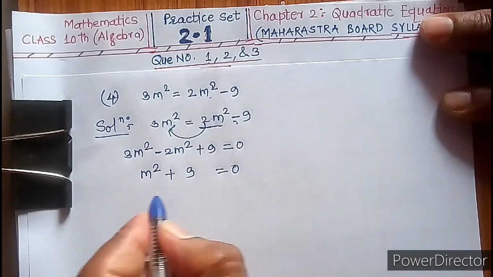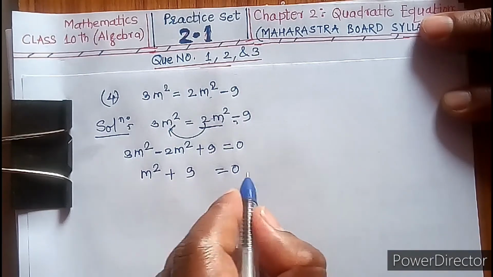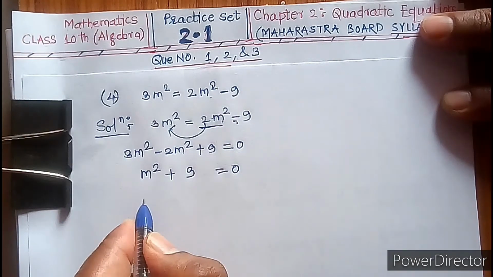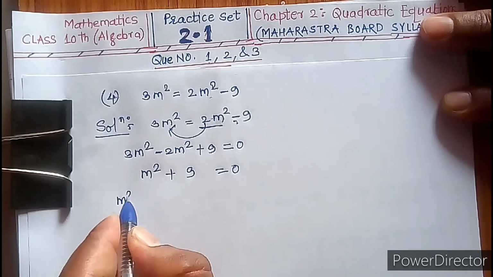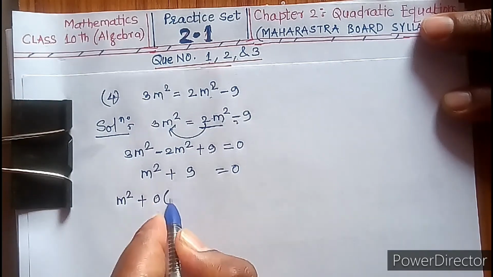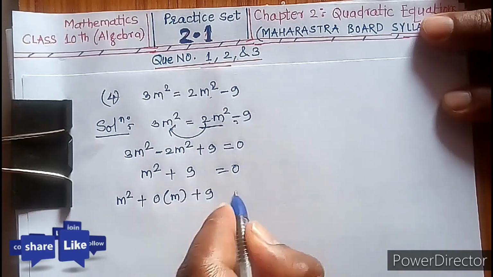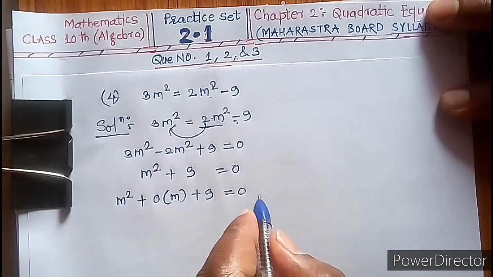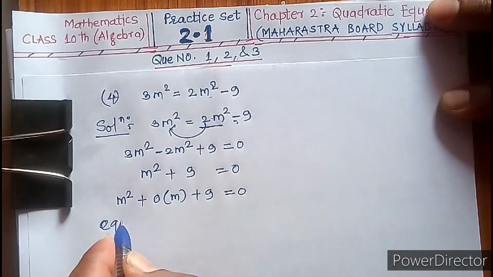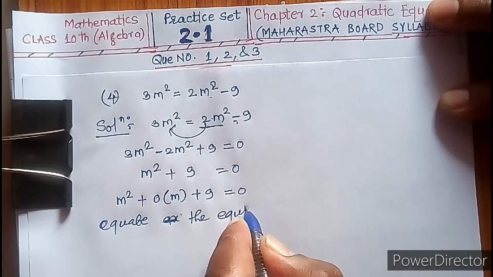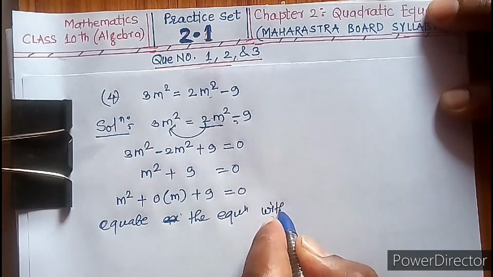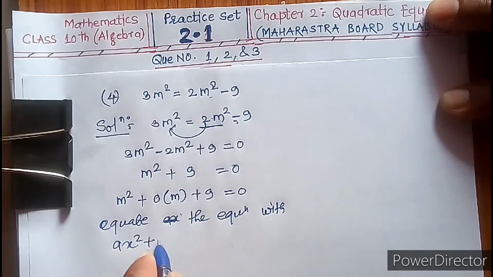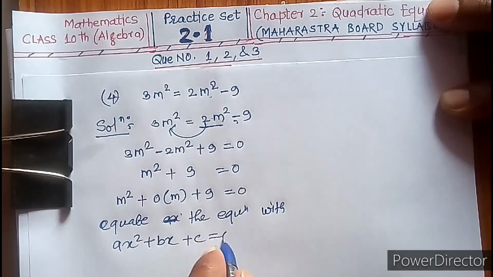Now write down m square plus 9 equals 0 in the form of ax square plus bx plus c, that is m square plus 0 into m plus 9 equals 0. Now we have written this in the form of ax square plus bx plus c equals 0. Now equate the equation with ax square plus bx plus c equals 0.